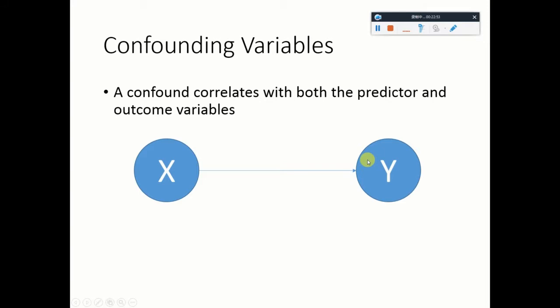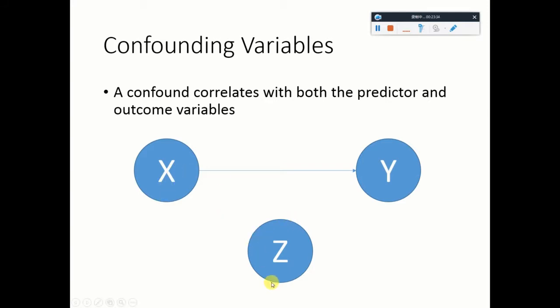So let's start with the two variable situation. Here we have variable x, and then we have variable y, and this arrow pointing from x to y means x predicts y, right? We use x to predict or to explain y. Now, we have a third variable then. We add a variable z to the situation. So you might ask, without knowing what a confound means, okay, so what does z do here, right?